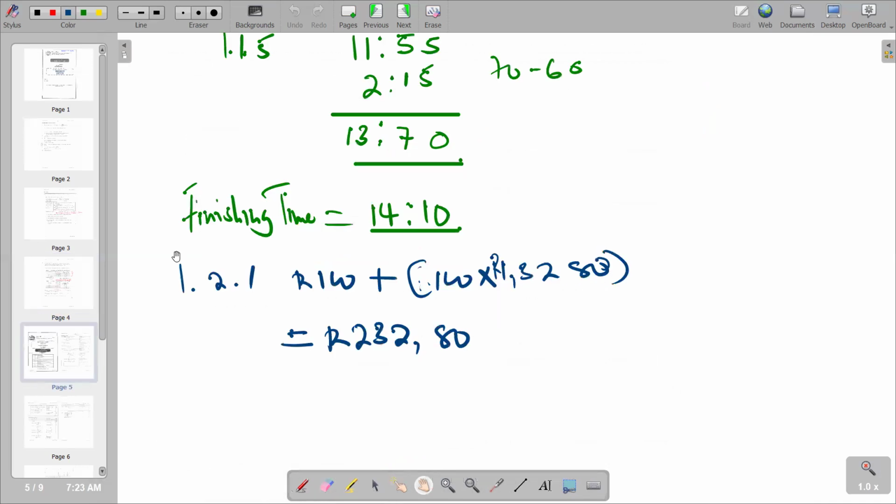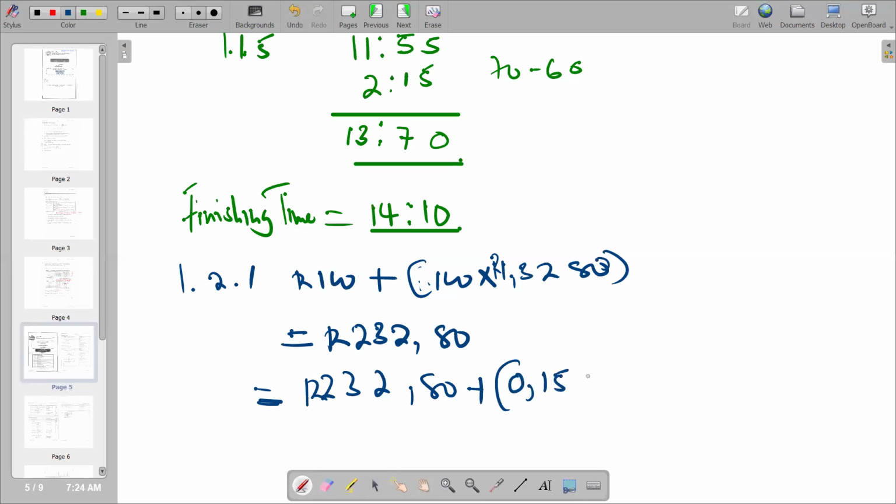So with the total including VAT now we are saying it is equal to our 232.80, and then we add the VAT amount, which is 15%, and 15% is 0.15 as a decimal, and then we multiply by 232 rands 80 cents.